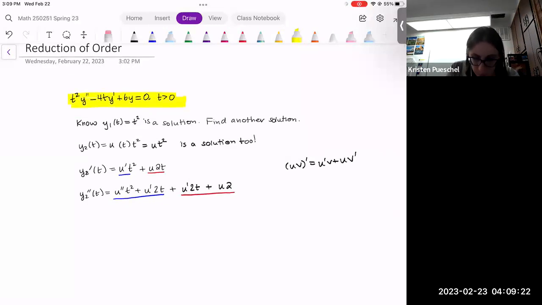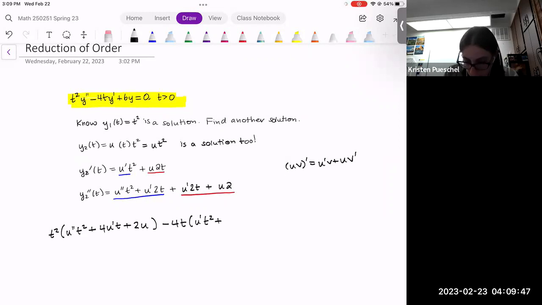Our first term is t squared times y2 double prime, the second derivative of u times t squared, which is u double prime t squared plus 4 u prime t plus 2u. Then we take minus 4t times the derivative, u prime t squared plus 2ut. And then we have 6 times our original function, which was just ut squared.